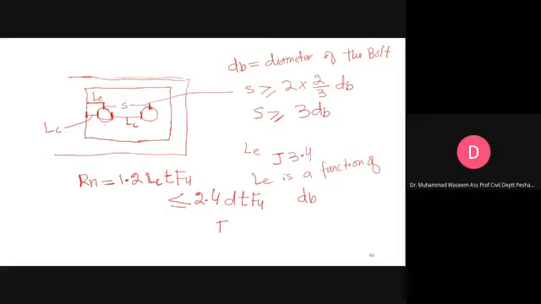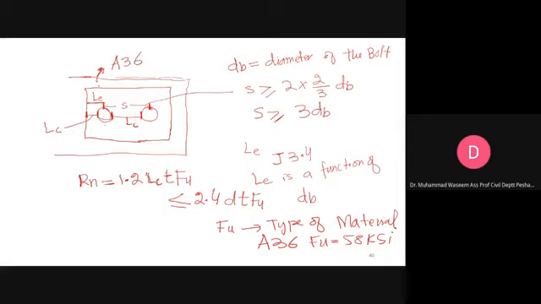Fu comes from the type of material. For A36 steel, Fu is 58 ksi. For example, it will be given that this plate is made of A36 steel, and this is also made of A36 steel. If this plate is made of another steel, the Fu value will be different.